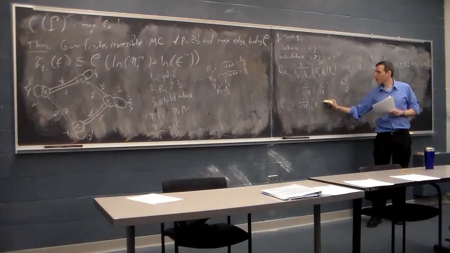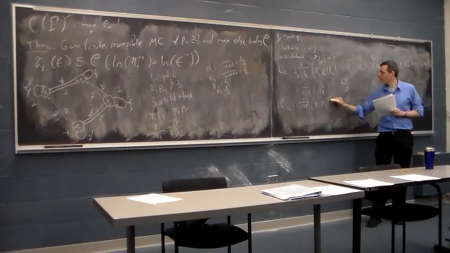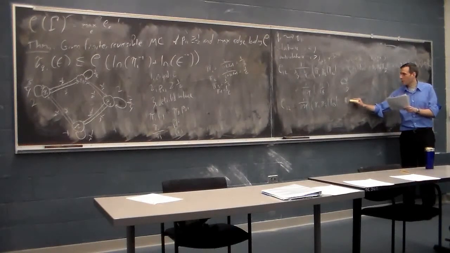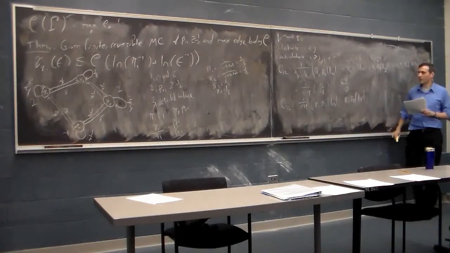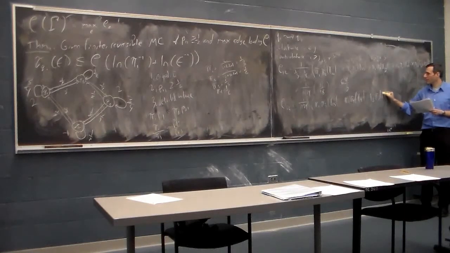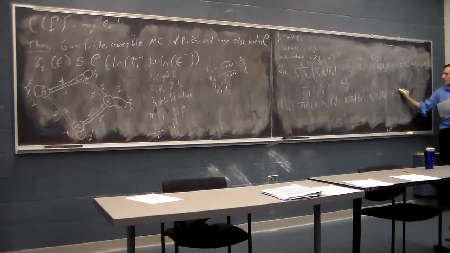We get one contribution from the path from 1 to 3, so that passes 1, 2, 3, and that's going to have a length of 2, gamma 1, 3. We get another contribution from 1 to 4 times the length of that path, which is 3. We get another contribution from 2 to 3 times the length of that path, which is 1, and another contribution from 2 to 4 times the length of that path, which is 2.